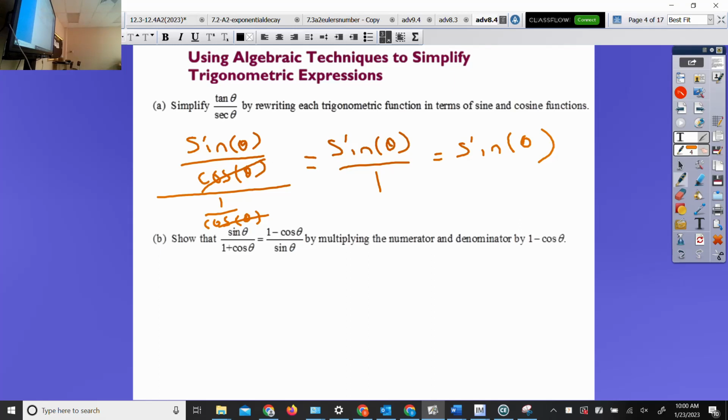The next one is show that sine theta over 1 plus cosine theta is equal to 1 minus cosine theta over sine theta by multiplying the numerator and denominator by 1 minus cosine of theta. What is the relationship between that piece and that piece? They're conjugates, not reciprocals. It's a conjugate technique. This is why we teach conjugates.